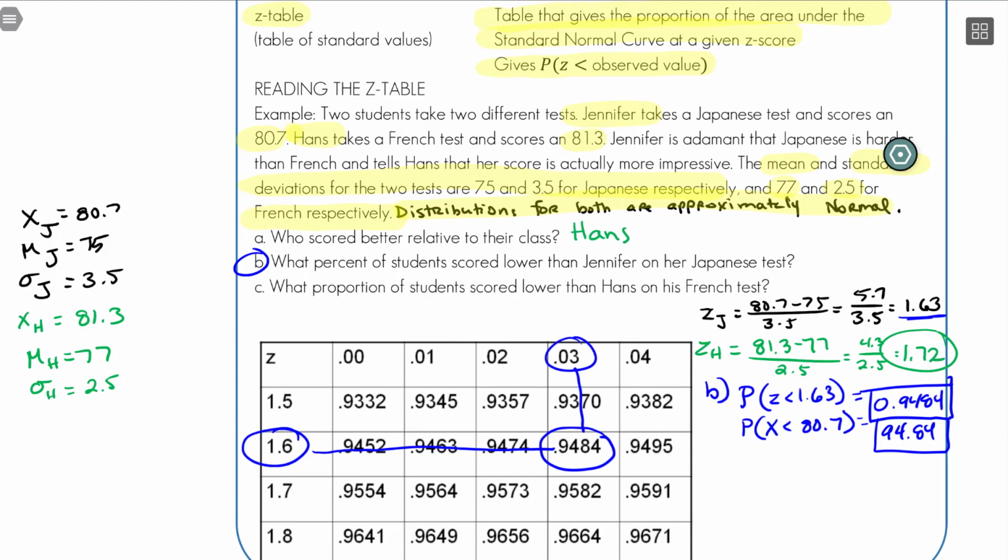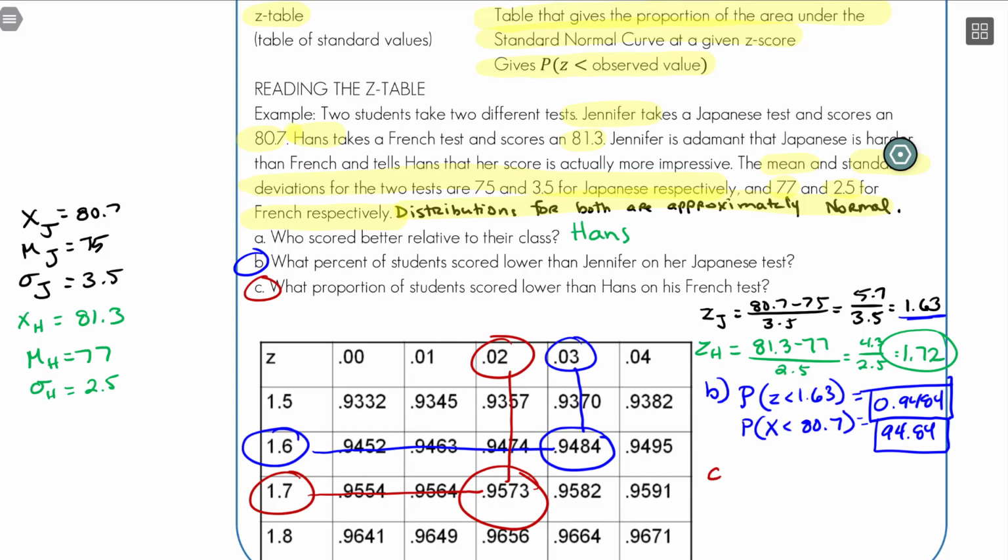Now let's take a look at Hans and see what proportion of students scored lower than Hans on his French test. Hans had a different z-score. His z-score was 1.72. So again, we look at 1.7 in that first column. The final digit is 2, so we look there, and now we look to see what is the intersection between those two. We know that this should be a higher proportion because Hans had a higher z-score, and sure enough it is.